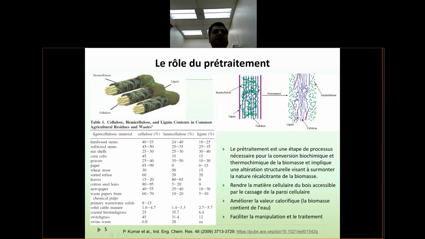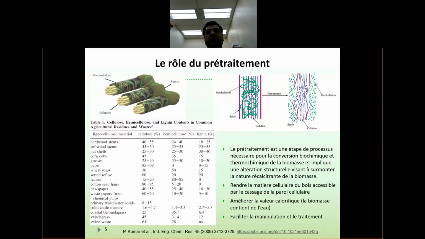And then cellulose and hemicellulose are covered by lignin. So lignin is a protection layer around hemicellulose and cellulose. Okay, this is a nice picture that tells you how a woody biomass looks.